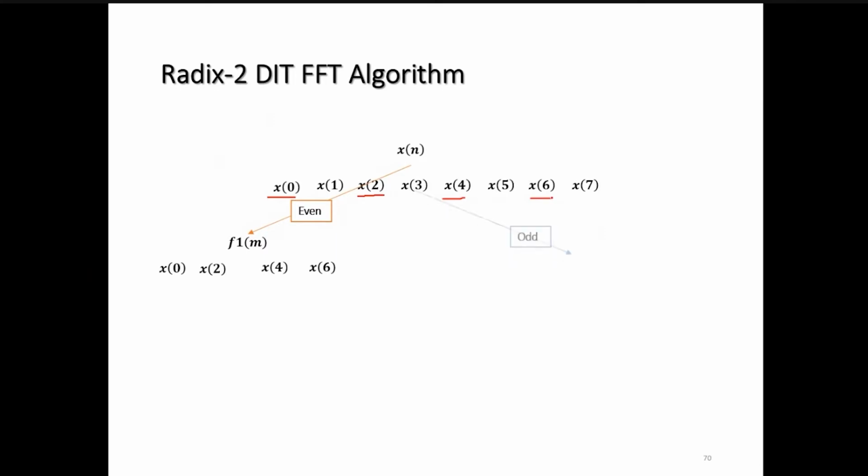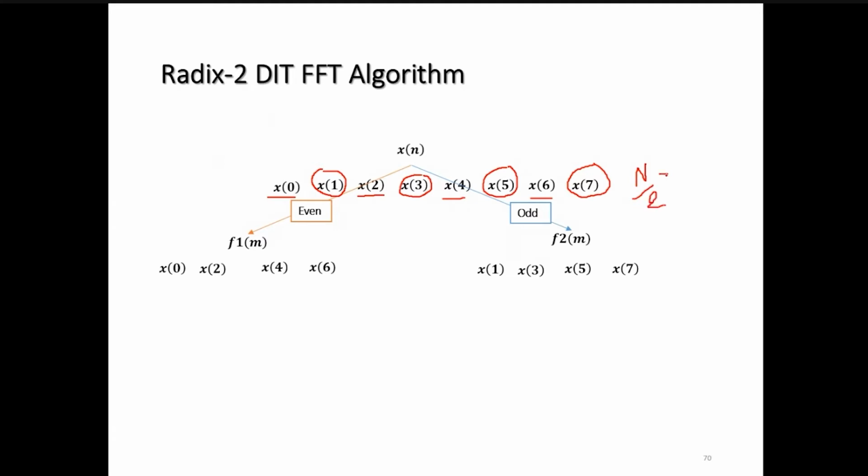Then the odd sequence is f2m, which is the remaining terms, x1, x3, x5 and x7. Here we are doing the n by 2 splitting, 8 by 2, so we get the 4-point DFT.